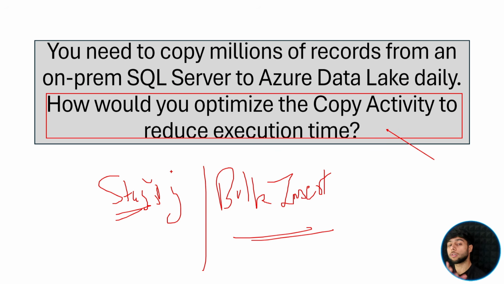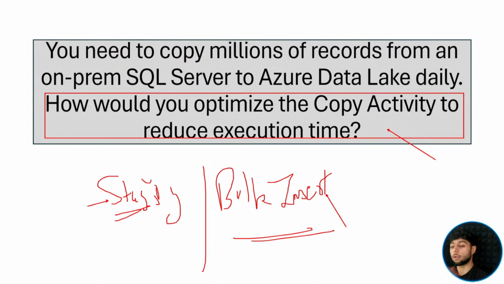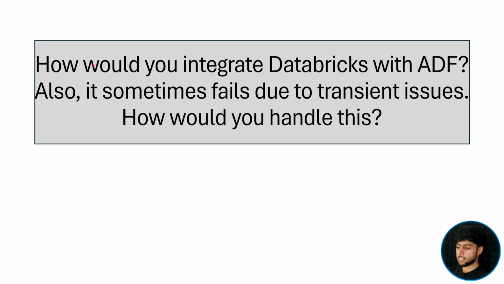If you are using SQL Server in the copy activity, you will see this bulk insert option, and enabling staging is always there. Staging is an intermediary step when you are loading the data. Simple, sorted.